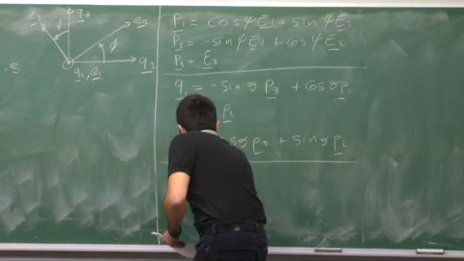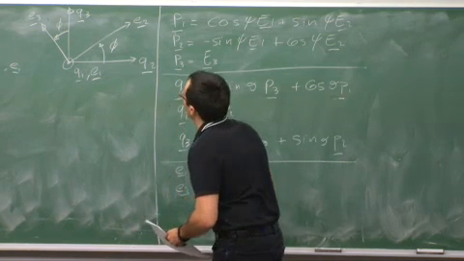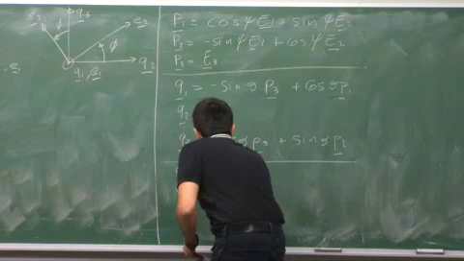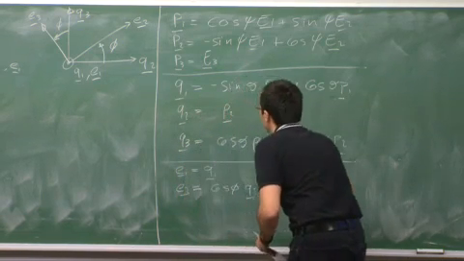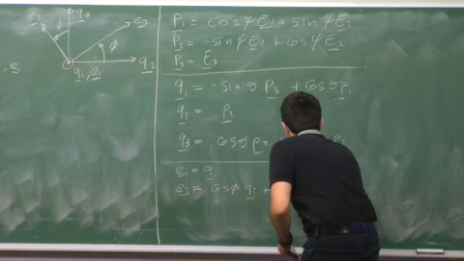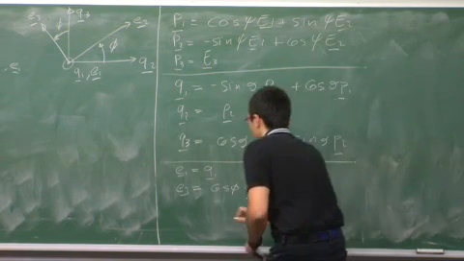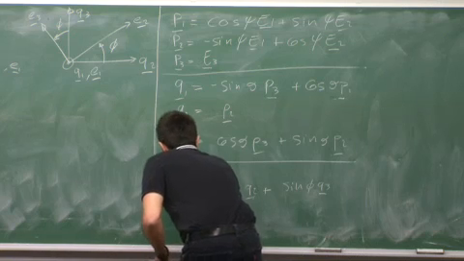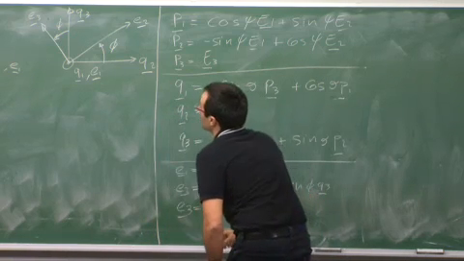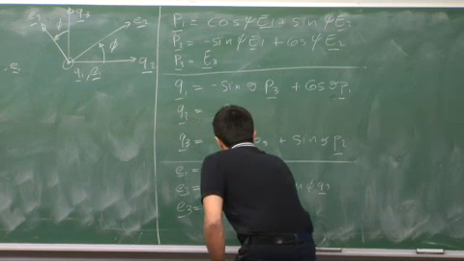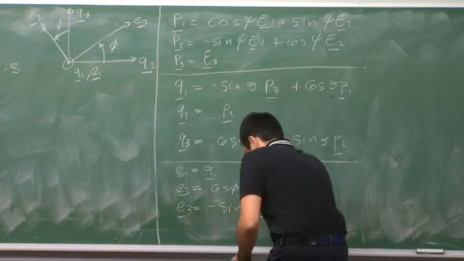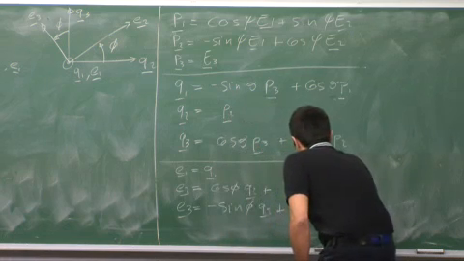Little e2 is cosine of phi Q2 plus sine of phi Q3, right? And then little e3 is minus sine of phi Q2 plus cosine of phi Q3.